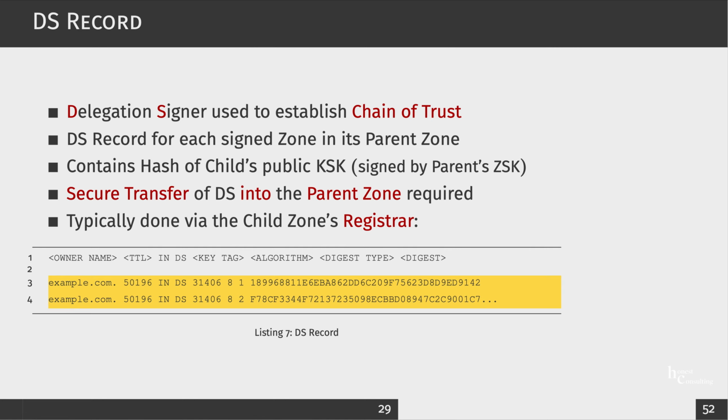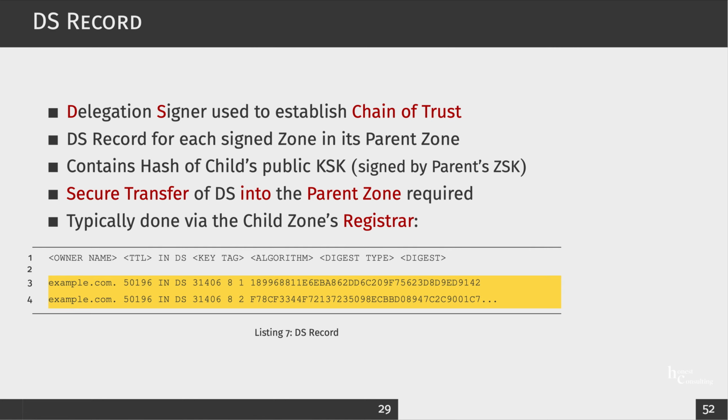I have even heard about people that are using a USB stick and they drive to their parent zone's organization to actually give this to somebody in person. So it really depends on what your parent zone is, who is responsible for this parent zone, and if they have implemented something that can be used to transfer the delegation signer in a secure way.